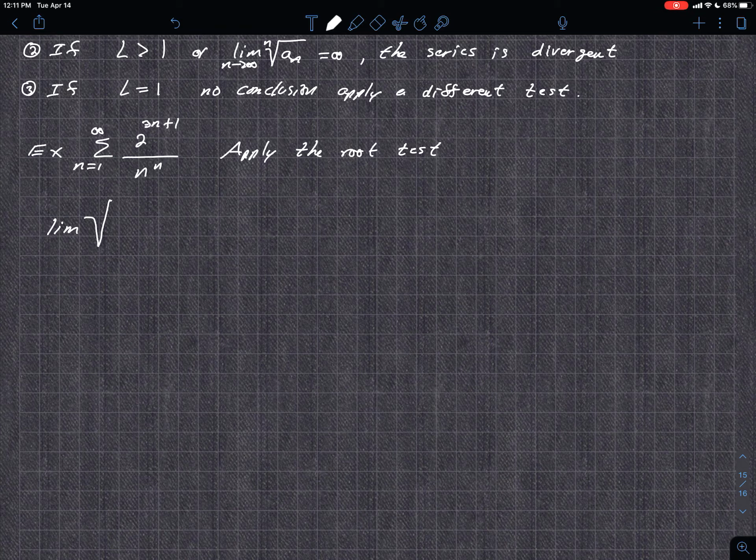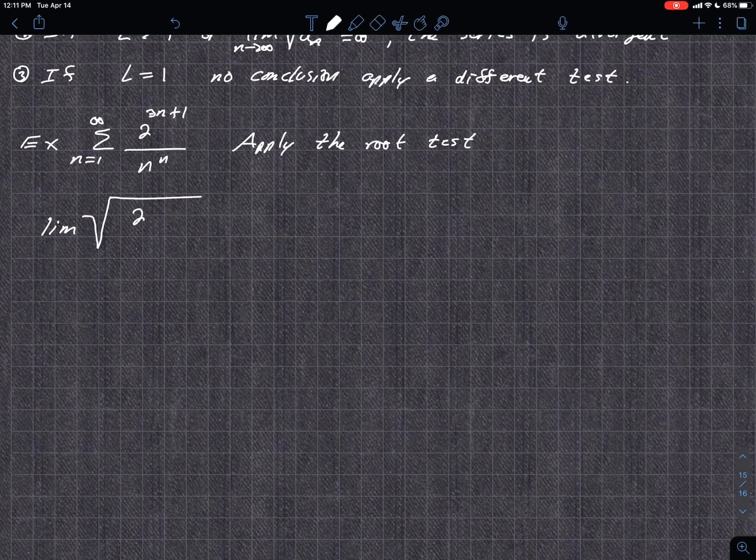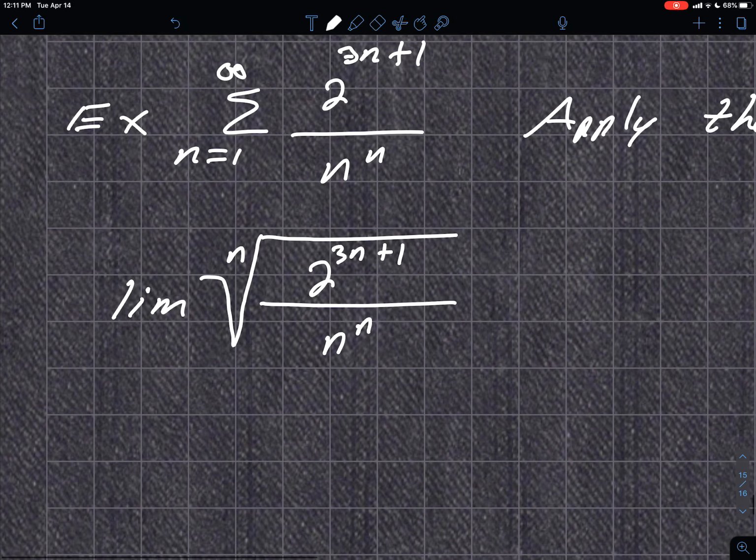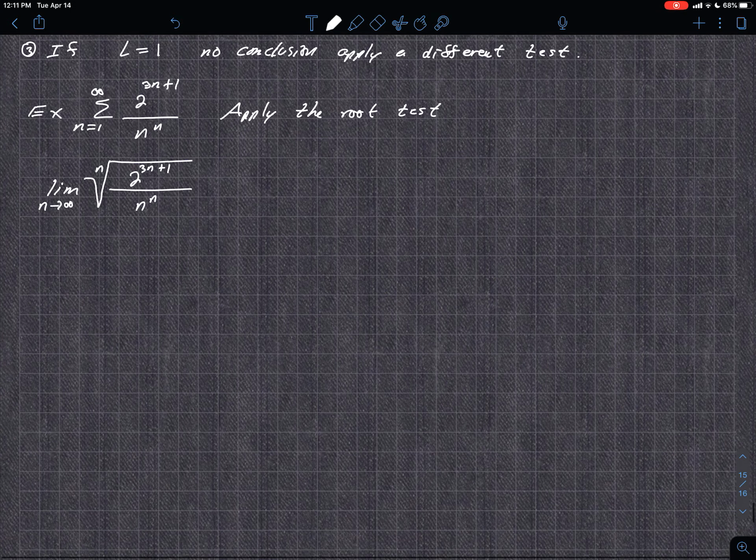So you say the limit, and then you do the nth root of everything. So it's 2 to the 3n plus 1 over n to the n, and that's the nth root as n approaches infinity.